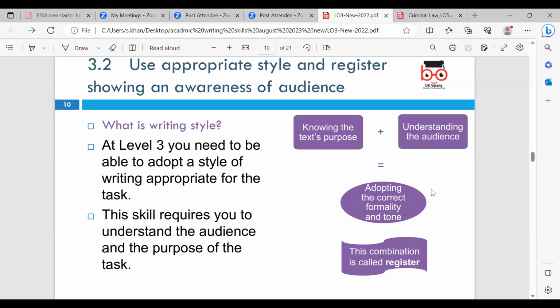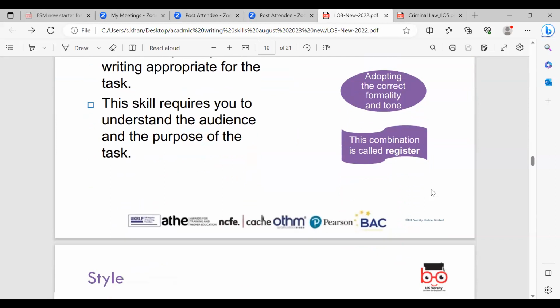Be able to communicate effectively. Yes, but also if you know what the task is, you are going to do your work around that task. So it's so important to understand the audience and know the task, and that equals adopting the correct formality and tone. And this combination is called, as we stated earlier, a register.